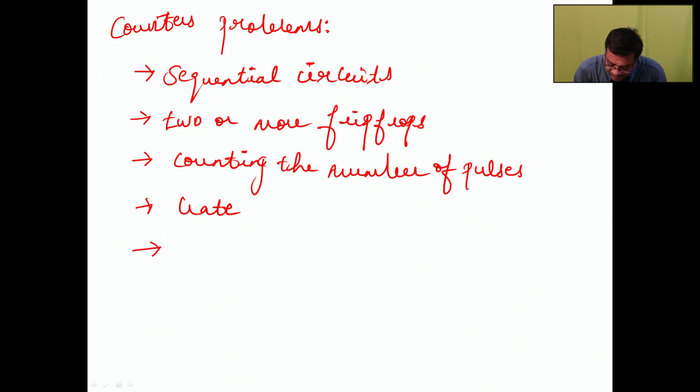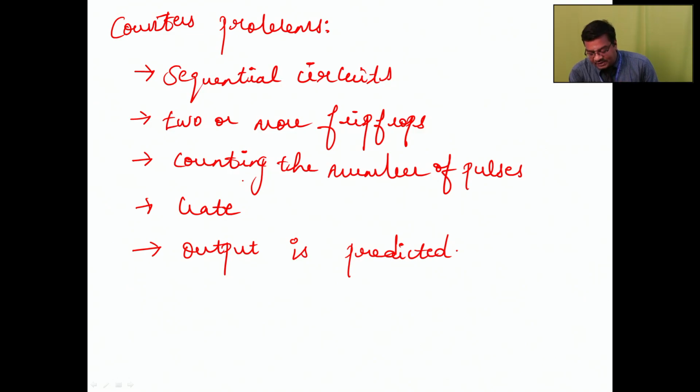So based upon the number of pulses, the output will be predicted. So the counter is a sequential logic circuit consisting of 2 or more flip-flops and counting the number of pulses that is crossing over the gate. So the number of pulses crossing over the gate determines or gives the output depending upon the inputs.